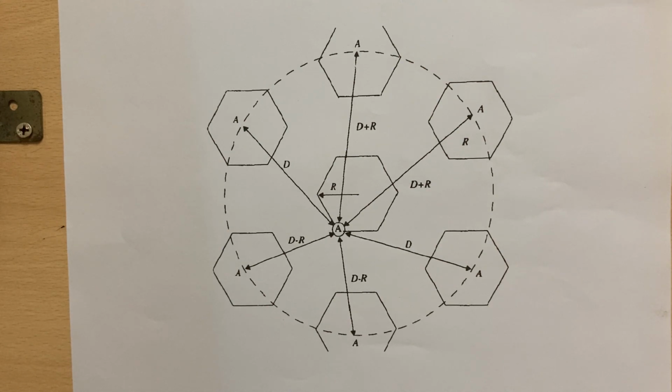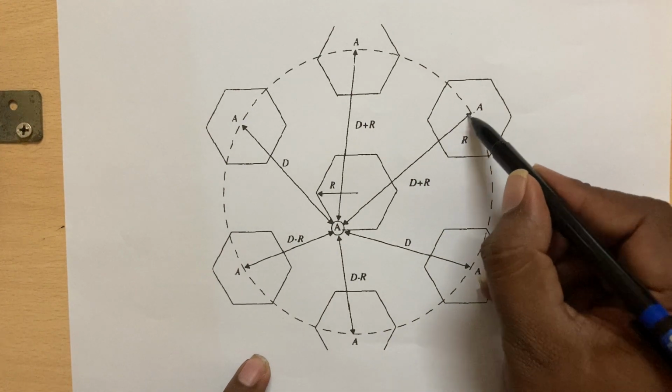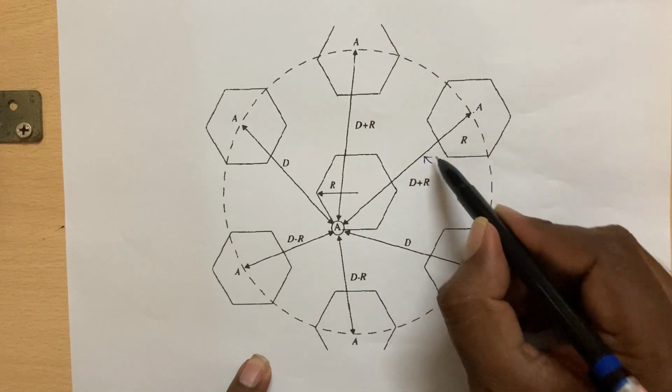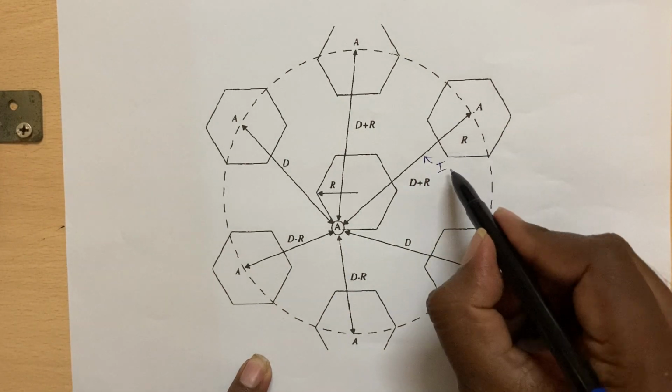Two of them are at distance D plus R, where D means the reuse distance, and 2 of them are at distance D to that location. So how much power will come from here? Say this is interference, for example I1.